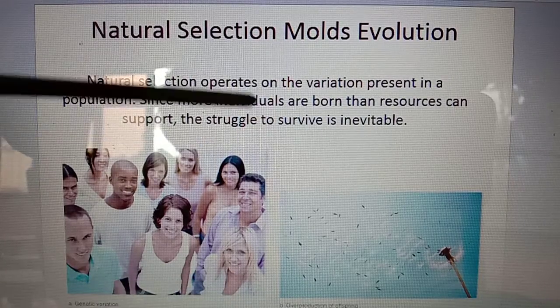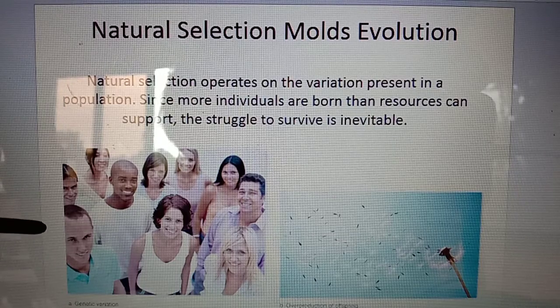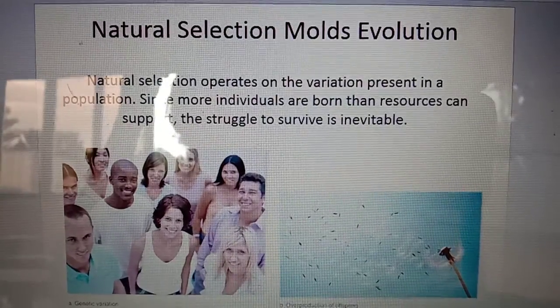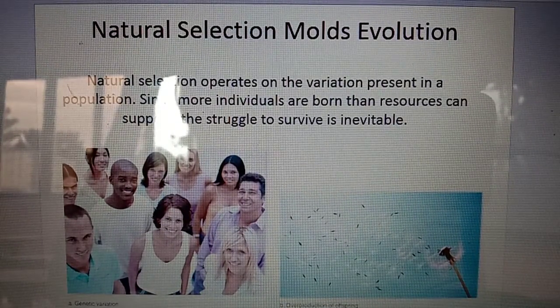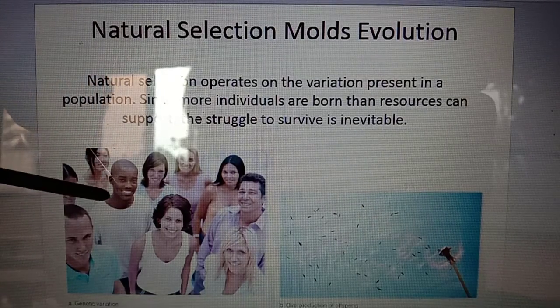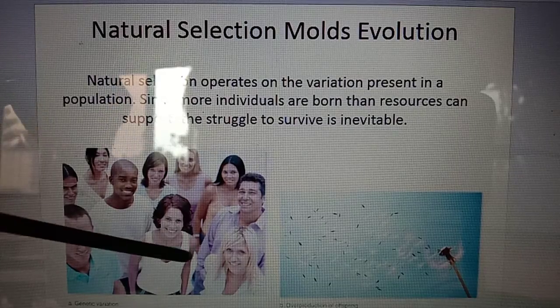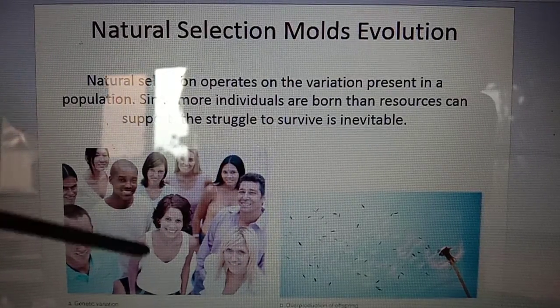Some is black and straight. Some is brown. And there is even a bald head. So natural selection operates on the variation present in a population. So if this is the population, this is where natural selection is going to act, from a varied source also.